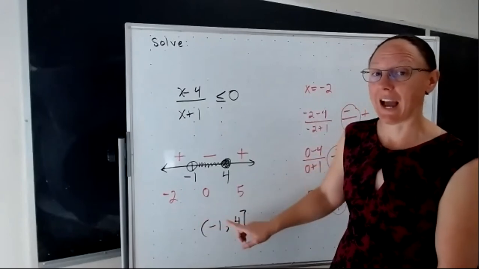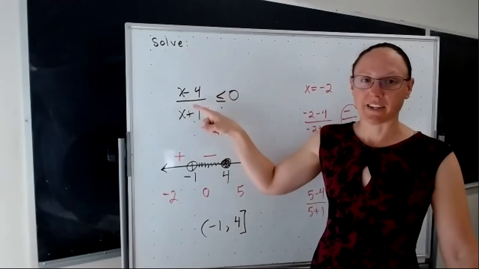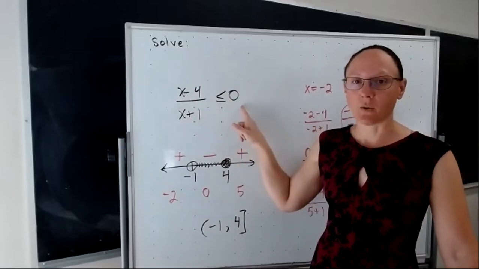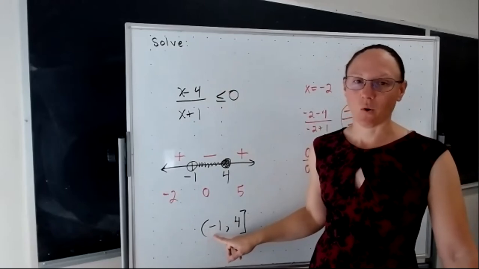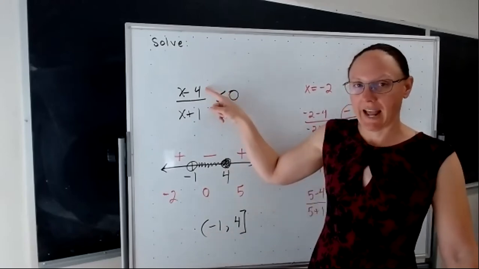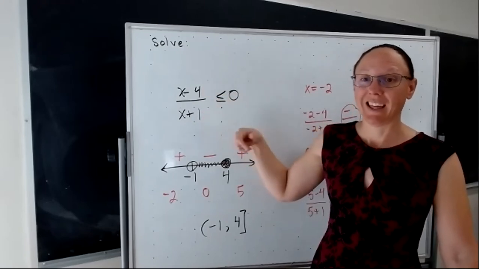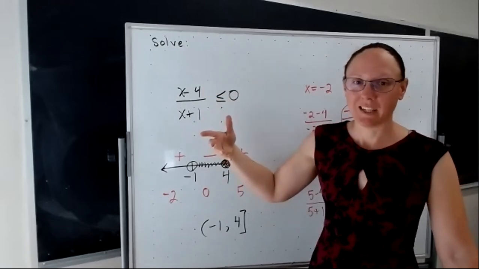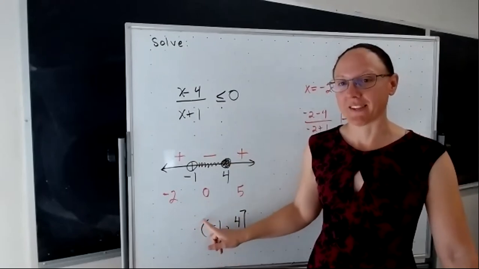So this tells me I can plug in the 4. And if we do plug in the 4, we'd have 0 divided by 5, which is equal to 0. It works. But when I try to plug in -1, I'd end up with -5 divided by 0. That's a problem. So I can't include the -1, so we give it parentheses instead.